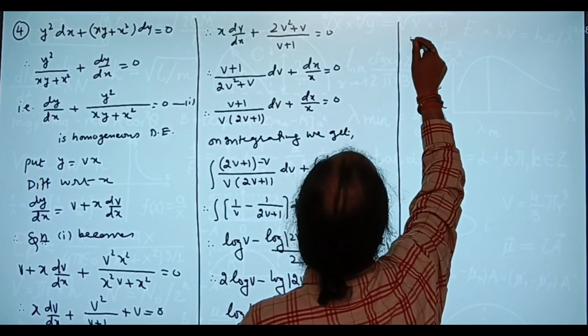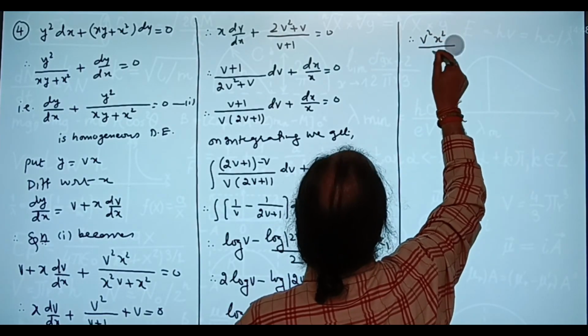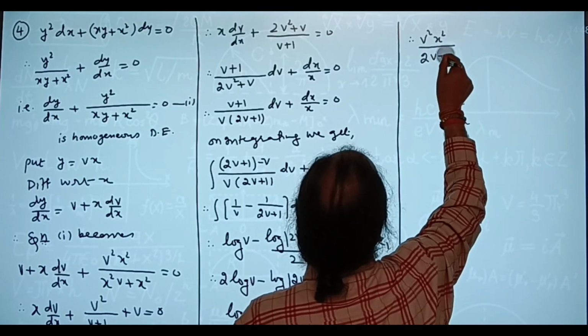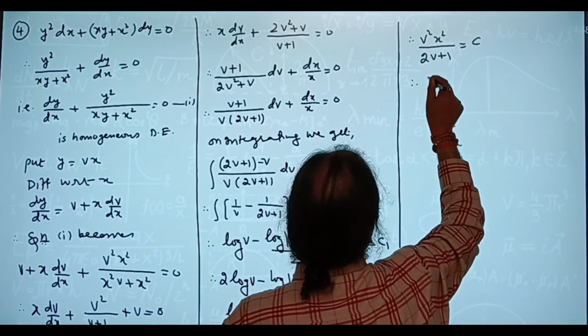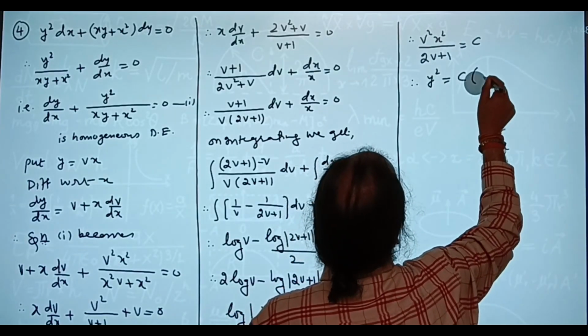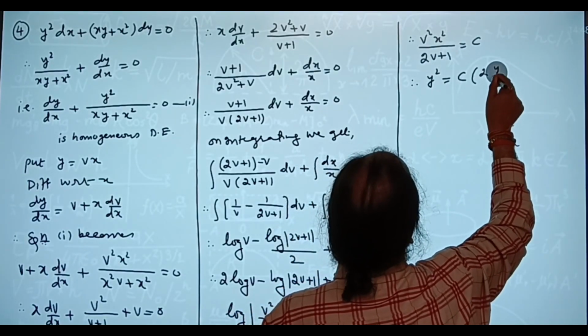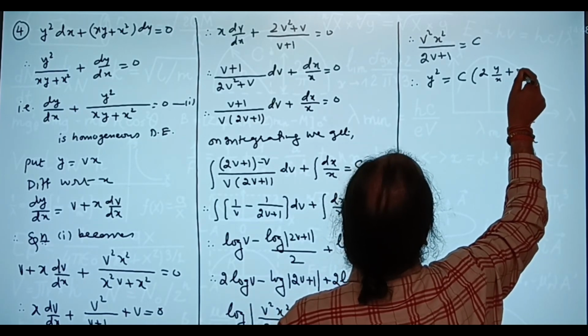Therefore, v square x square upon 2v plus 1 is equal to c. v square x square is what? y square is equal to c into 2 times y by x plus 1.